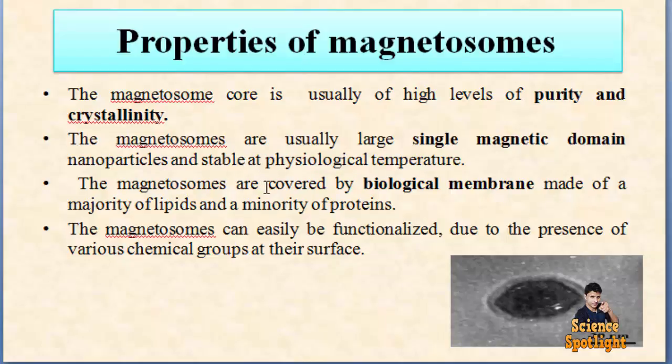The magnetosomes are covered by a biological membrane made up mostly of lipids and proteins, and magnetosomes can easily be functionalized due to the presence of various chemical groups at their surface. These are some of the properties of magnetosomes.